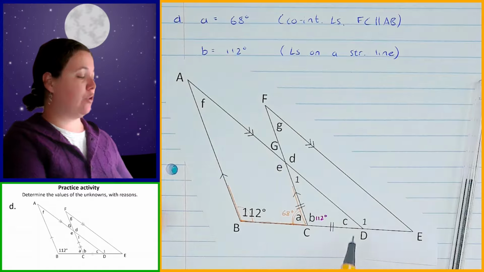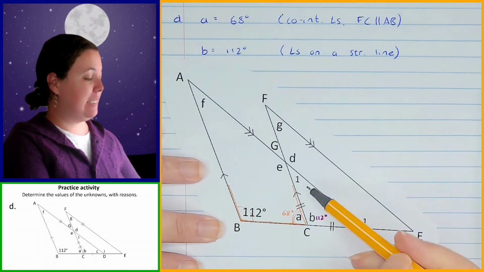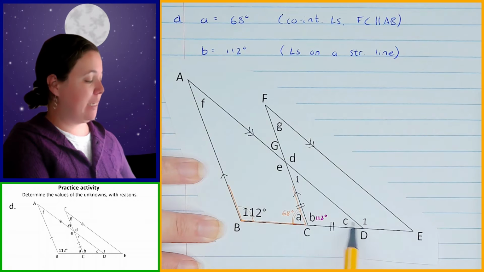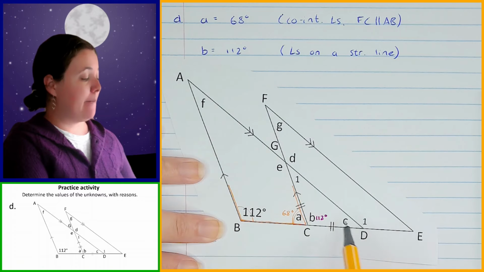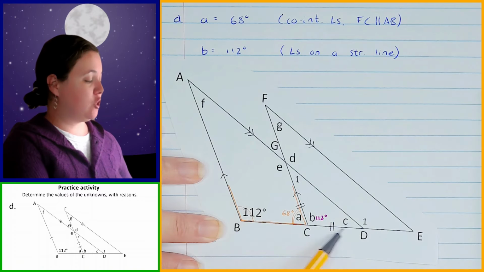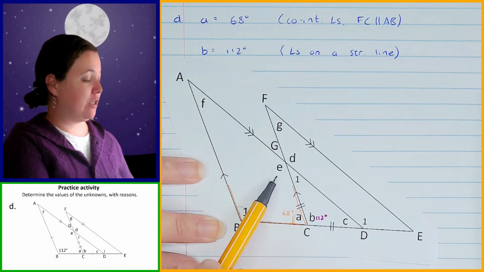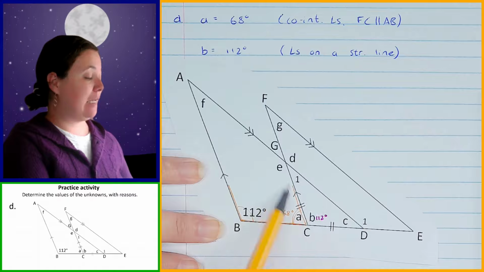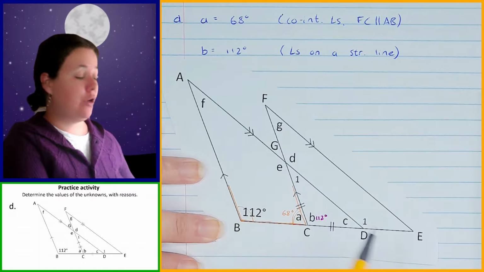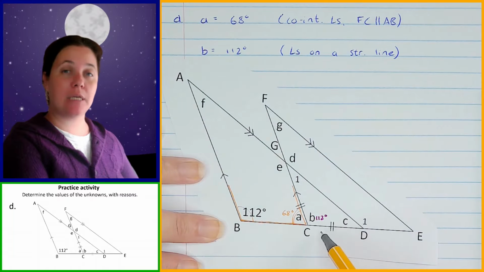Right, next we need to work out what C is. Now C is sitting inside this triangle over here. We've got this angle, which is 112. We don't know what that angle is, but we have been told that these two lines are equal to each other. GC and CD are equal, which means that this is an isosceles triangle. Now we know that the angles opposite the equal sides will be equal.